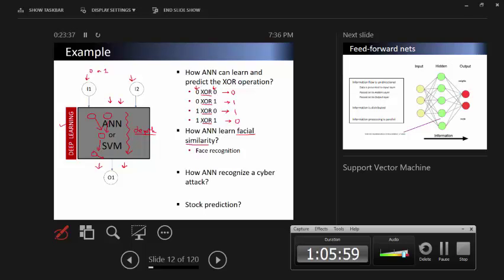In order to do that, we need to have test data. With the test data, we need to train the neural networks. Possible, right?